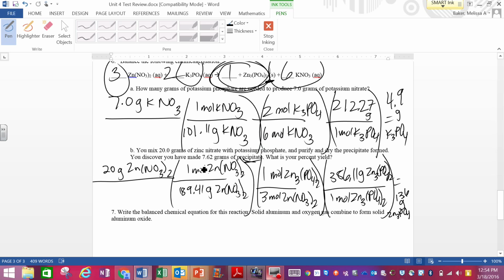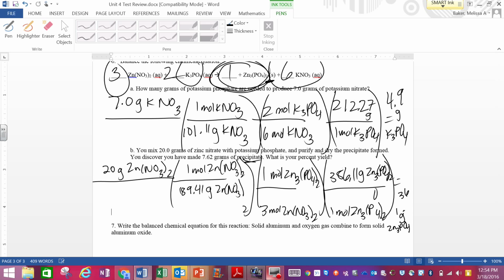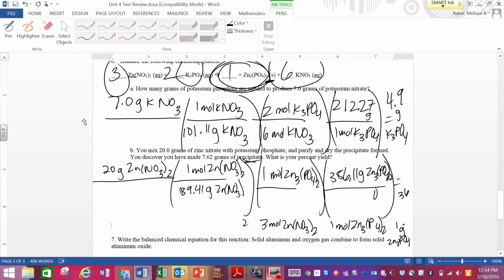That's how much you're supposed to make. I need a little more space here. Sorry, it's getting all messed up. All right, so you only made 7.62 grams. That's your actual yield, divided by you were supposed to make 13.6 grams. So you get a 56% yield.